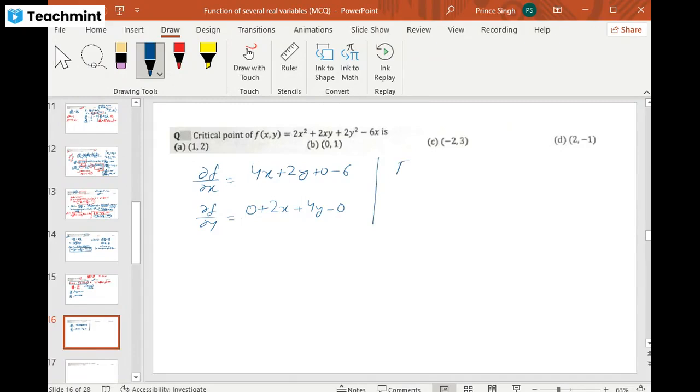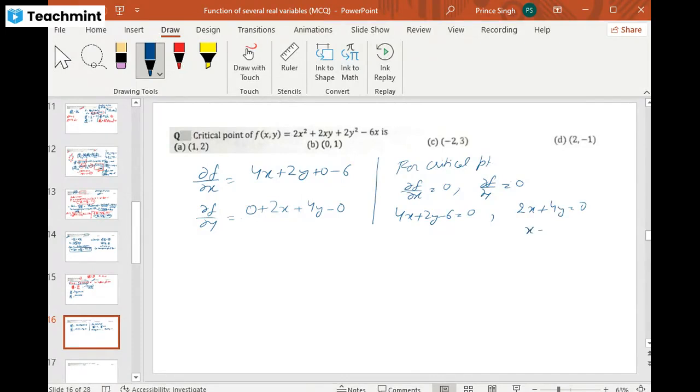The condition for the critical point is that first order derivatives are 0: ∂f/∂x = 0 and ∂f/∂y = 0.